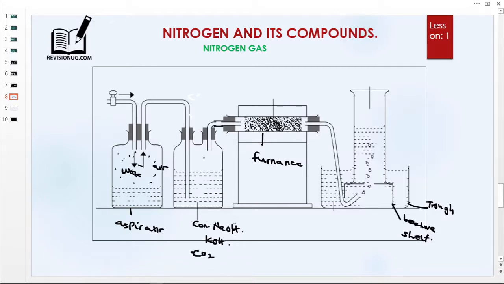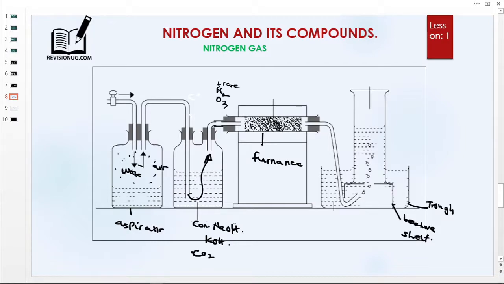Then if you keep on putting in tap water, the pressure will force this air after passing through sodium hydroxide. Then it rises from here and goes up here. This air now contains oxygen, with carbon dioxide removed, and nitrogen plus rare gases.